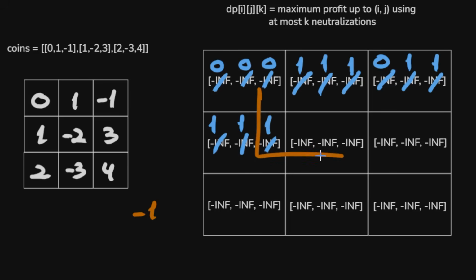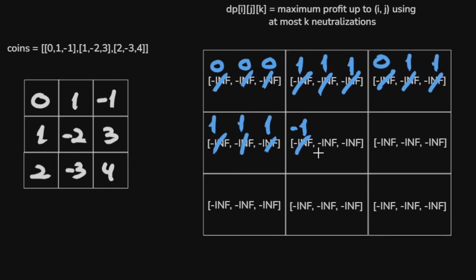What if we come from the left? Well, we can take the accumulated number, so we are looking at this cell, at the same index when we were using 0 neutralizations, and 1 plus minus 2 is minus 1. The maximum between minus 1, and minus infinity is minus 1, so we replace this with minus 1.